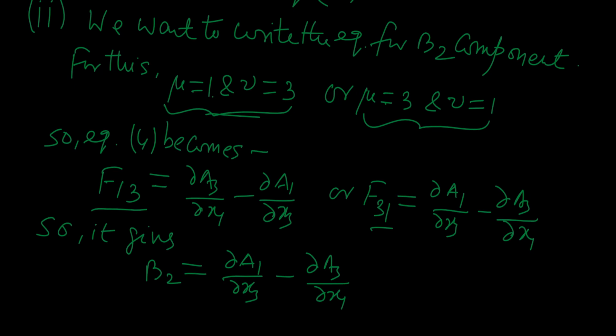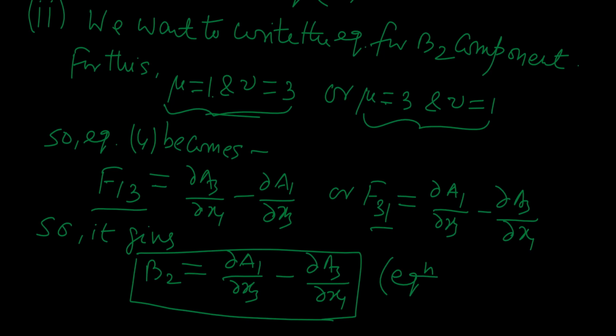And what is this? This result is in fact the component of the magnetic field defined in equation 3. This is simply B2 defined in equation 3b. You may see the above equation 3b.